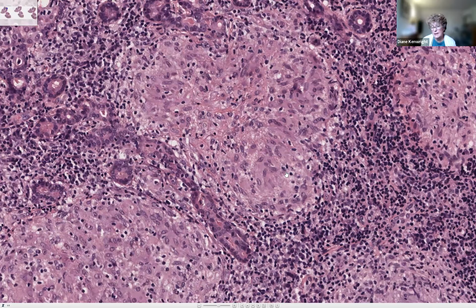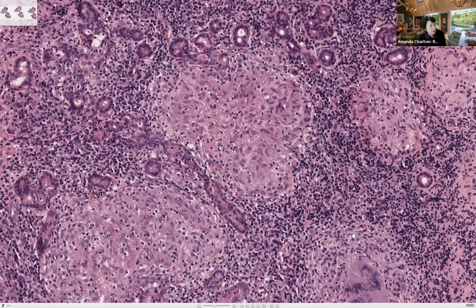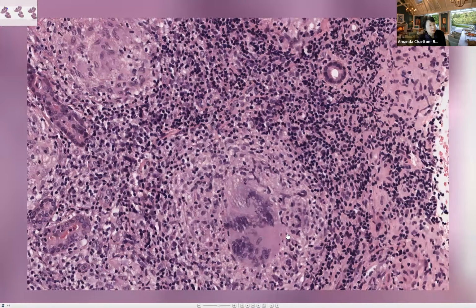Like melanoma cells, we call some of them epithelioid as well. They aren't actually epithelial. They're epithelioid because they've got lots of pink cytoplasm, like epithelial cells, but they're still that monocyte macrophage lineage. Okay, so these are epithelioid histiocytes plus giant cells equals granuloma.